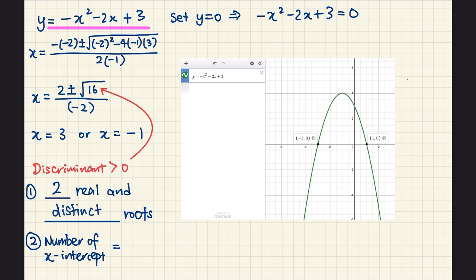When we say distinct, it means both solutions are different from each other. From the graphical point of view, we also have a sketch over here, and we can see that we have two x-intercepts. So when the discriminant is greater than 0, we also have two x-intercepts when we sketch the quadratic graph.